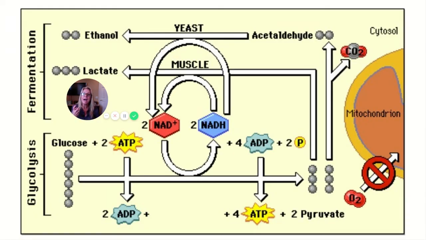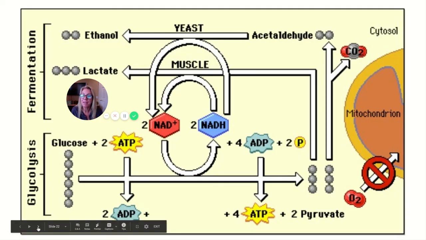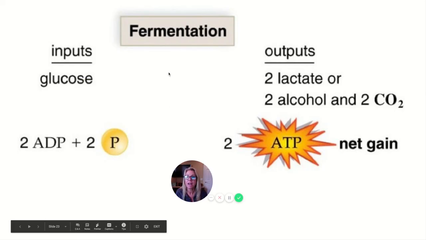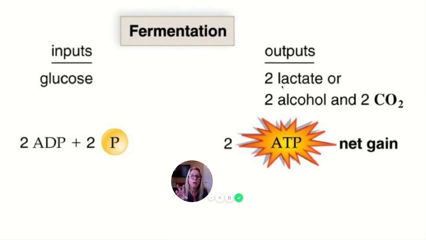So that hopefully kind of differentiates. The whole reason why you do fermentation is to oxidize that NAD. And I have a little song to teach you about that. All right. So moving on here on fermentation, okay, the input here is glucose, right? The output is either going to be lactate or alcohol, and you get to net 2 ATP.